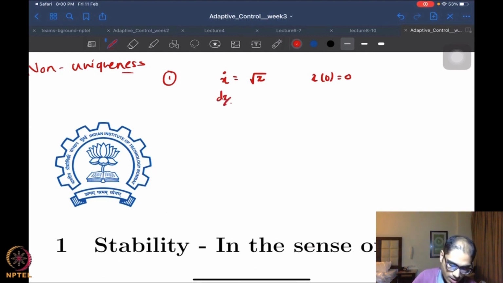So again I do integration as always, 0 to t on one side and 0 to x on the other. What do I get?